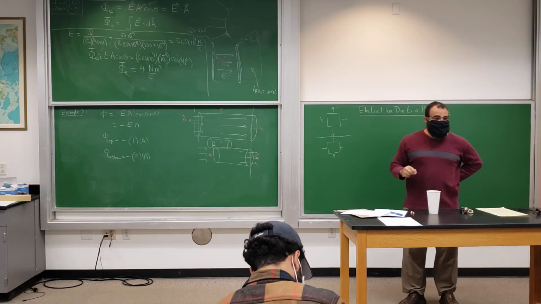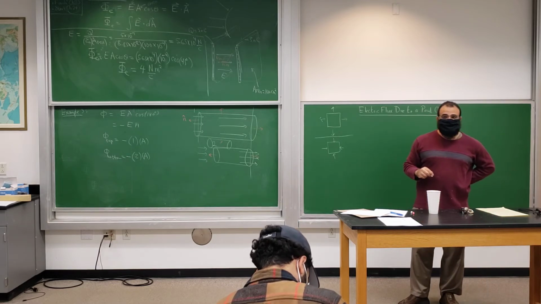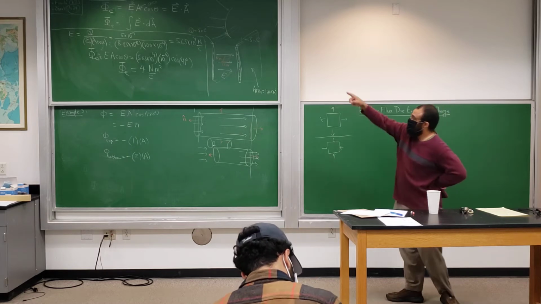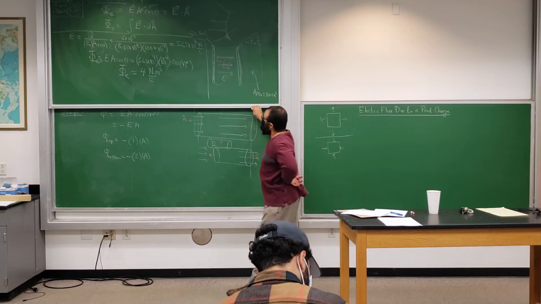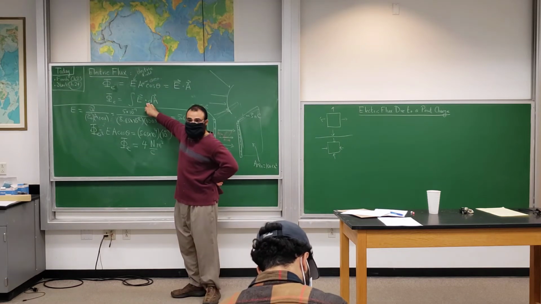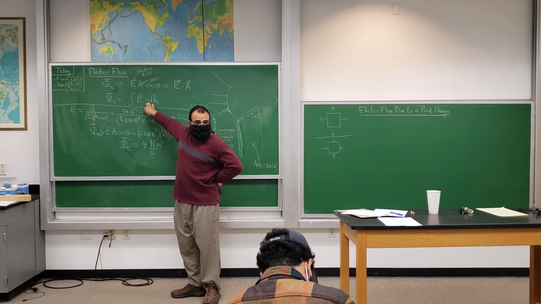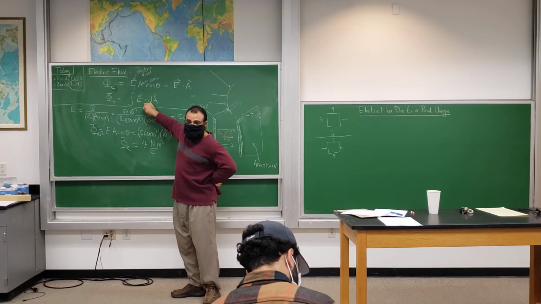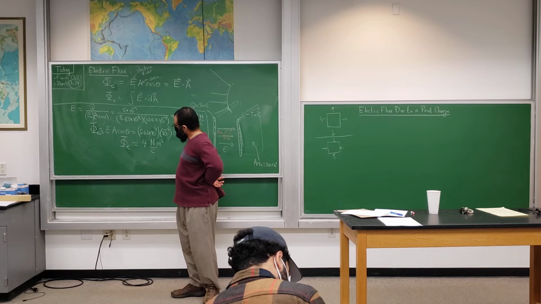Remember what the definition of the flux is? It's the integral of E dot dA. If I don't know whether the field is uniform or not, this is the general definition of the flux.